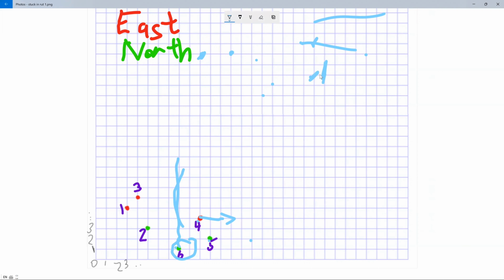I mean their x coordinate minus my x coordinate. If I'm going east, and there's a cow right here going north. That's a bad line right there.